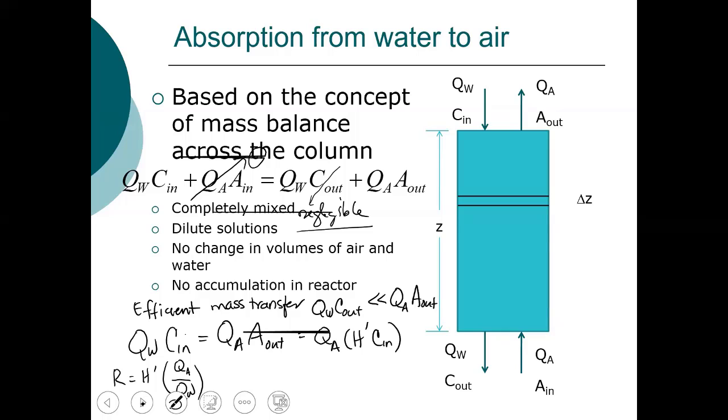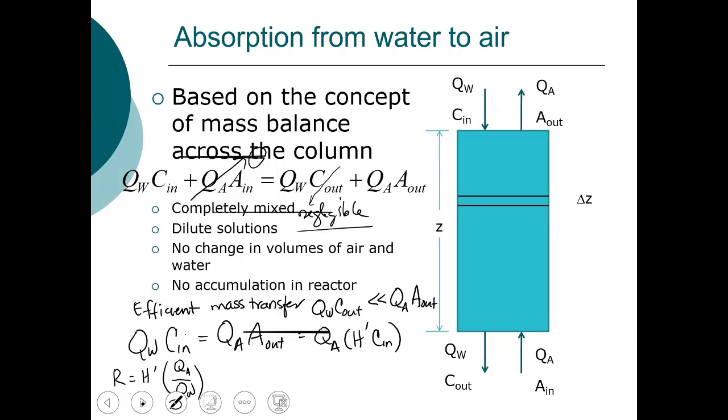And as I mentioned on Monday, the assumptions for the mass balance and then the subsequent derivation of the equations that are used are different. And it's because we're shifting the mass transfer, previously from air to water and now from water to air.